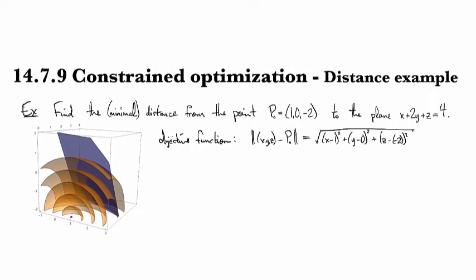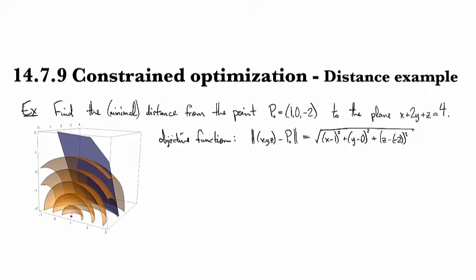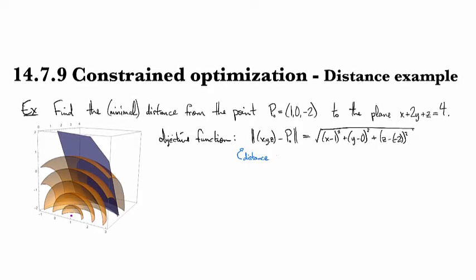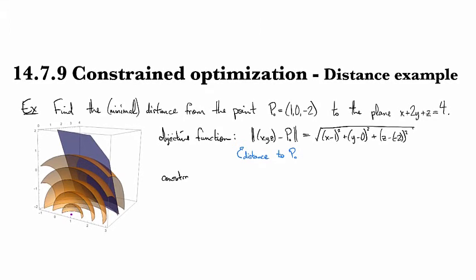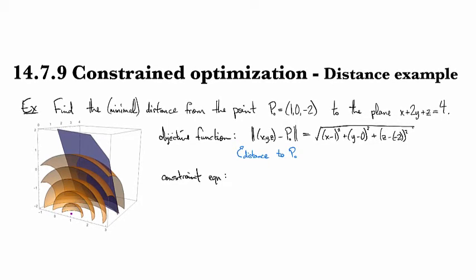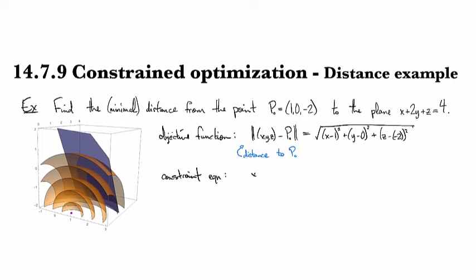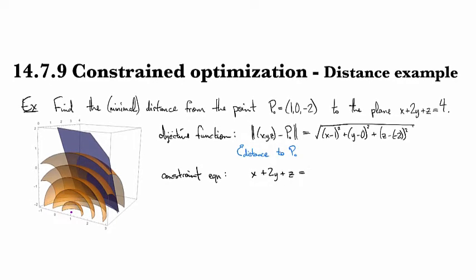We're just using good old Pythagoras. This function is the distance to p naught function, and our constraint equation is x plus 2y plus z equals 4.